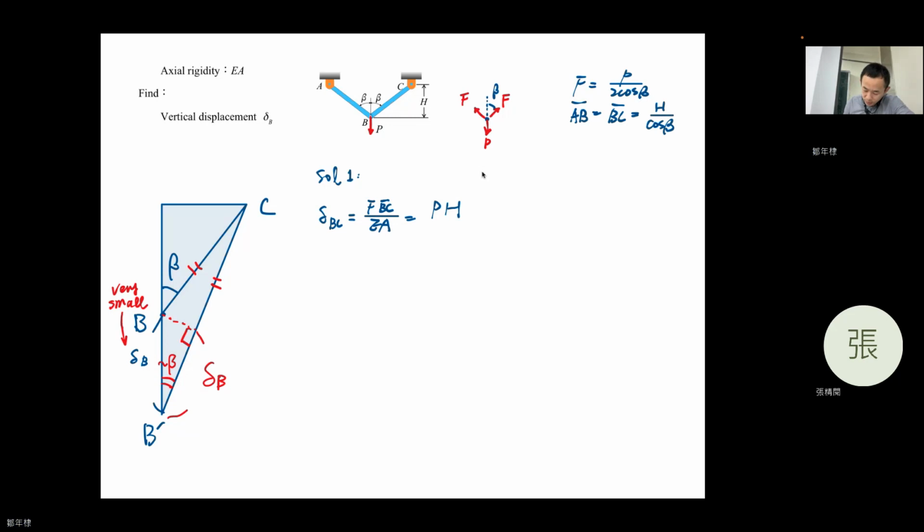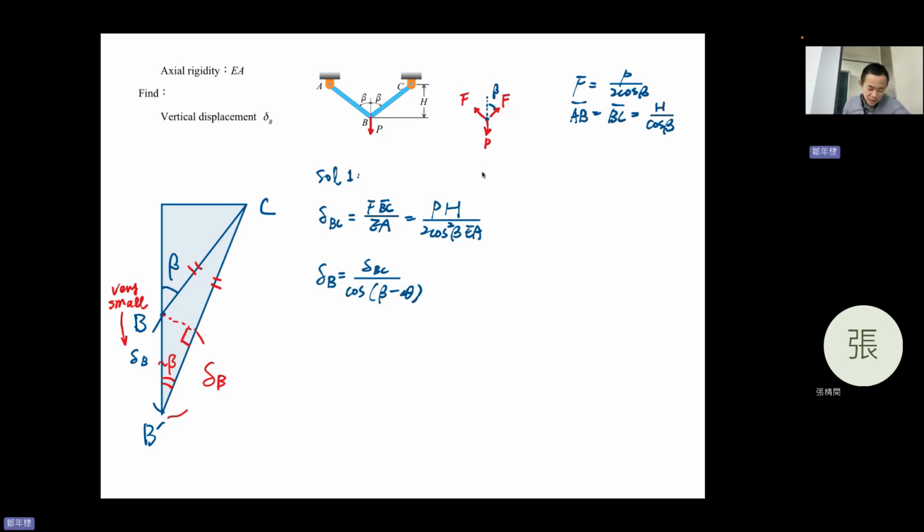Now, delta BC equals PH divided by 2 cosine squared beta EA. So the delta B will be delta BC divided by cosine of beta minus small theta, right?